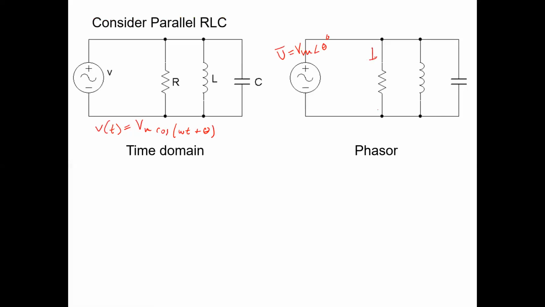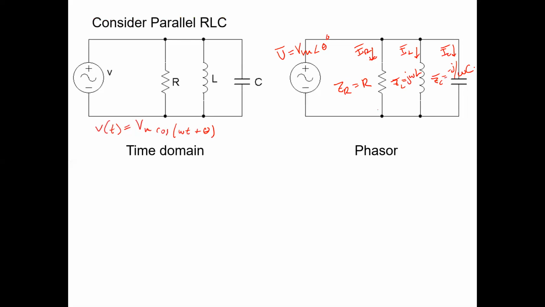And we want to find, say, IR or IL or IC. The impedance of the resistor is R. The impedance of the inductor is j omega L. And the impedance of the capacitor is minus j over omega C. And so we can therefore find all those things together.